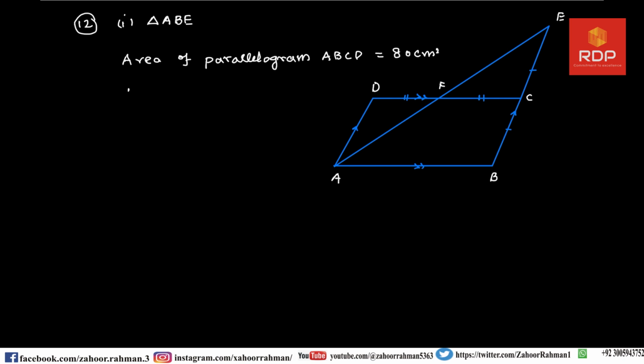Another piece of information is BC is equal to CE. Another is DF is equal to FC. Then they want to find the area. In the first part they are saying find the area of triangle ABE.